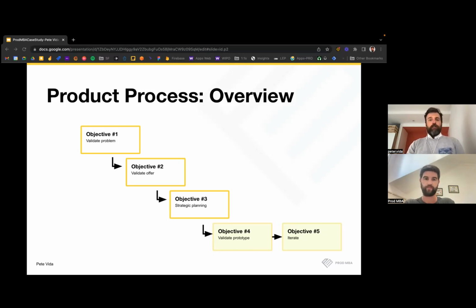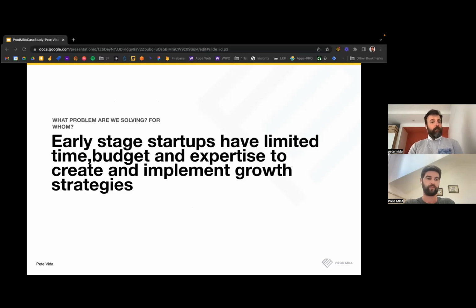So let's jump in. The first part is validating the problem. Here's the problem. I believe that early stage startups have limited time, budget and expertise to create and implement growth strategies. It's been a real journey for me to get to this problem, to be honest.